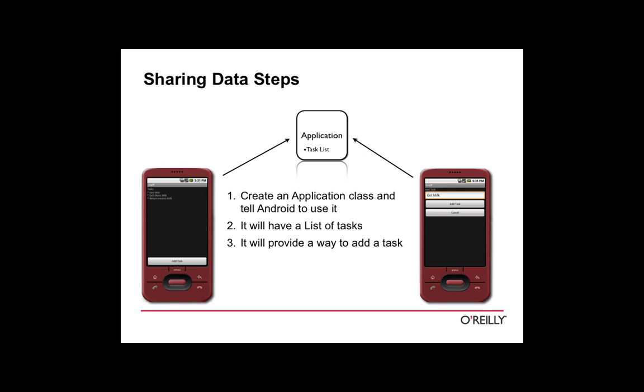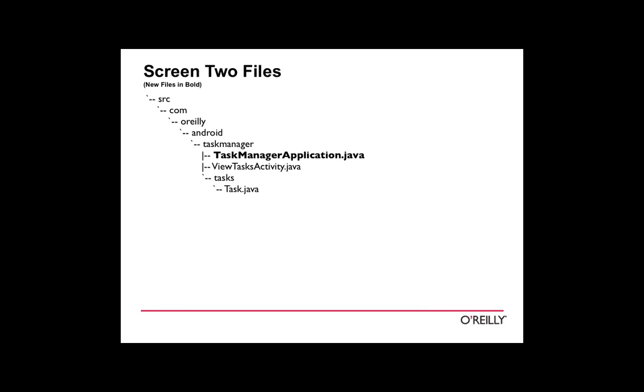So that's pretty much all we need for this step. That was a good quick step. By the way, here are the files that I added. We've added the TaskManagerApplication, but I also added that Task class. The Task class will hold the data for a single task, and the TaskManagerApplication holds the collection of tasks that the application needs to use.